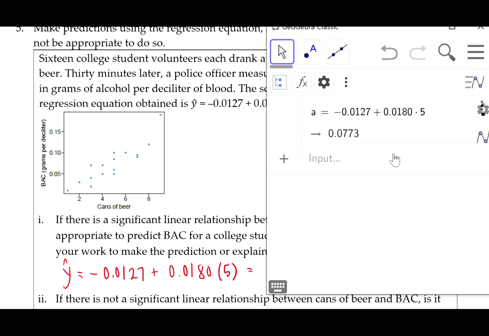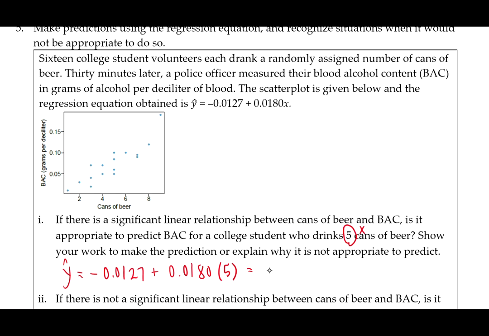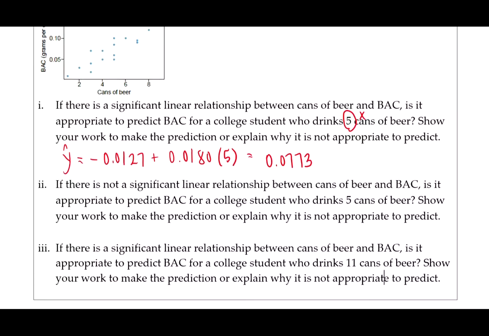I actually have it already entered in. So negative 0.0127 plus 0.0180 times 5 gives us 0.0773. There's our prediction. Let's move on to question 2.